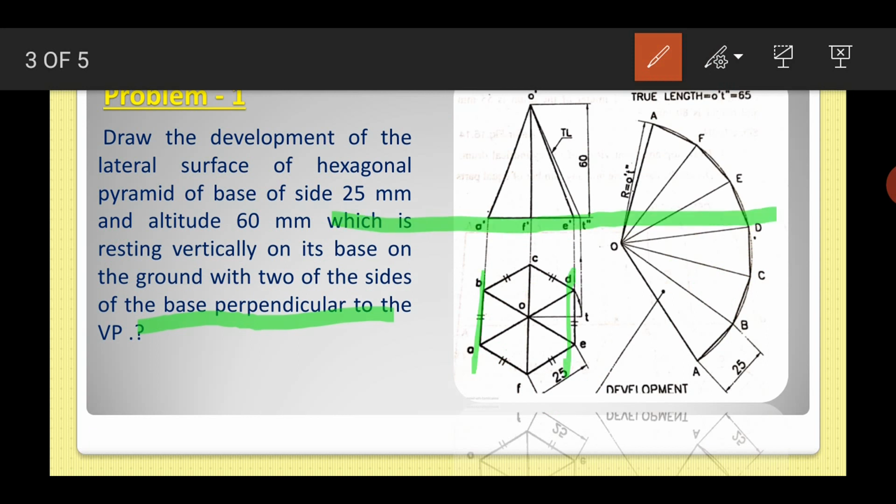Suppose this is VP and these two lines. Here you can see two of the sides perpendicular to VP.